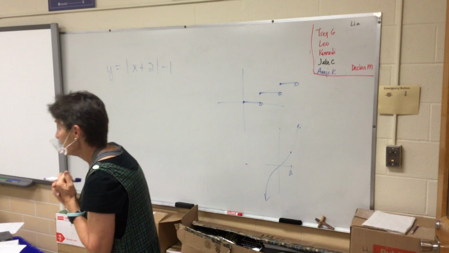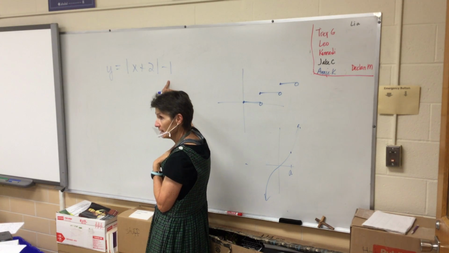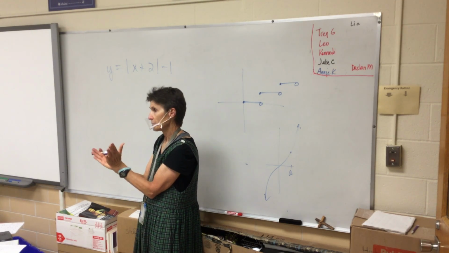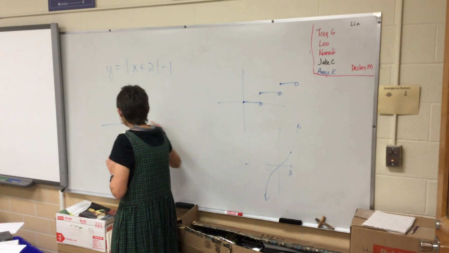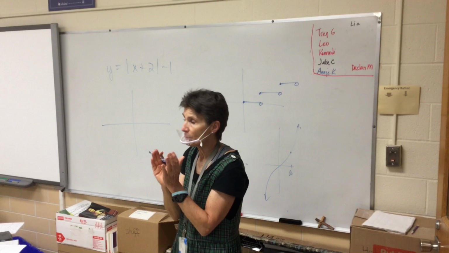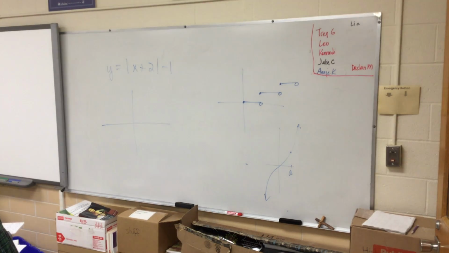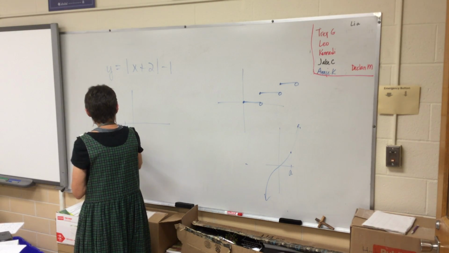It's a V. And this V, because of the numbers in it, has been moved. The normal one is at the origin, but these numbers move it. Does anybody remember how this moves? Grace? Left 2 and down 1. It is. Very good. Left 2 and down 1.